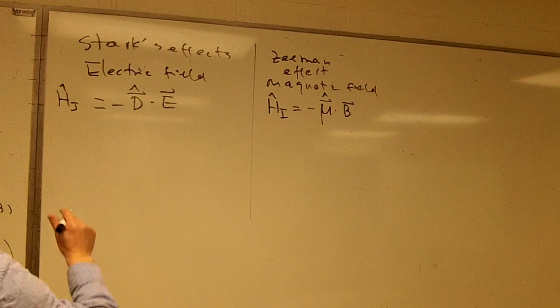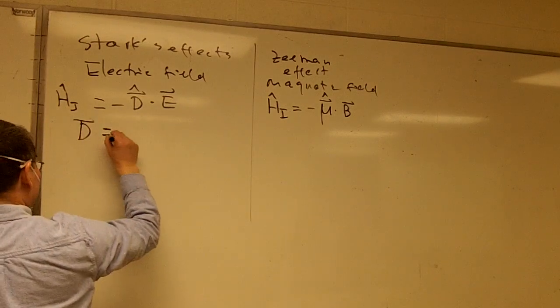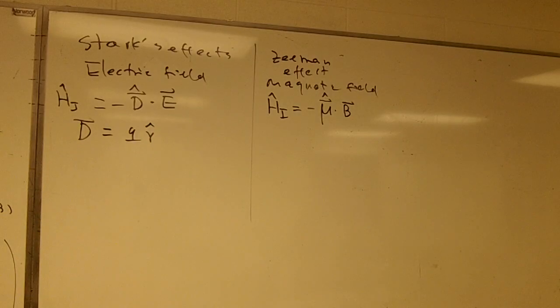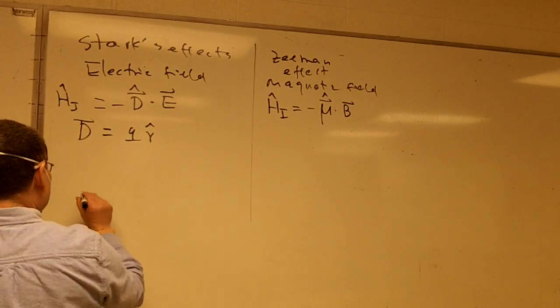And our D is just charge times the position vector. The Stark effect is very much similar to the Zeeman effect.